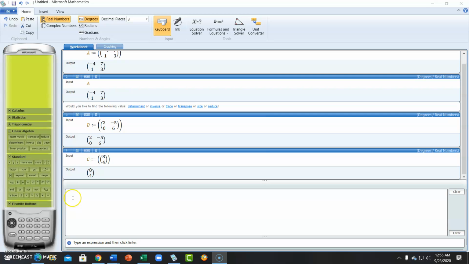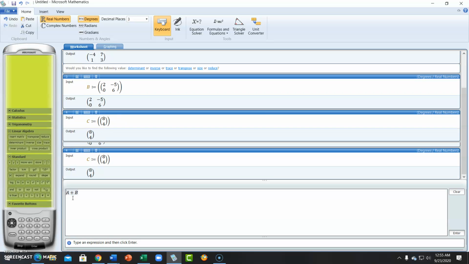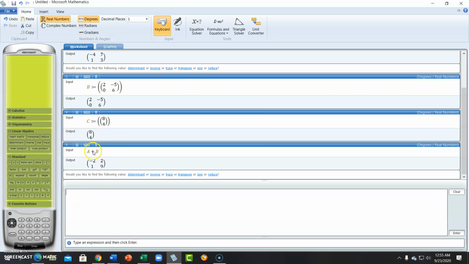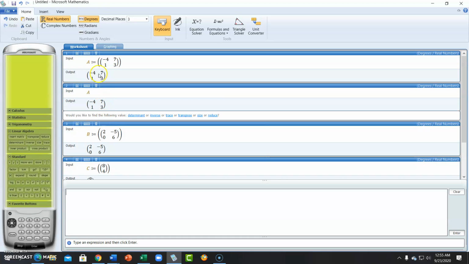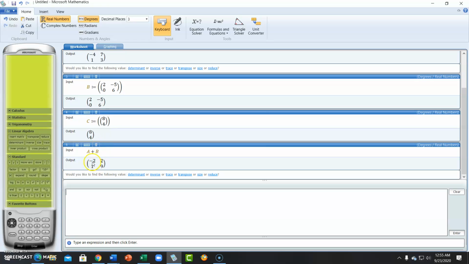So the first expression I am asked to evaluate is the expression A plus B. So when I enter that, we have A plus B, so the matrix A here that I entered, plus matrix B, which gives us -2, 2, 1, and 9.